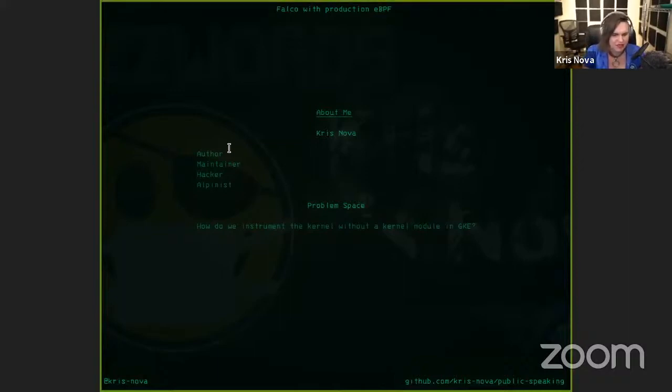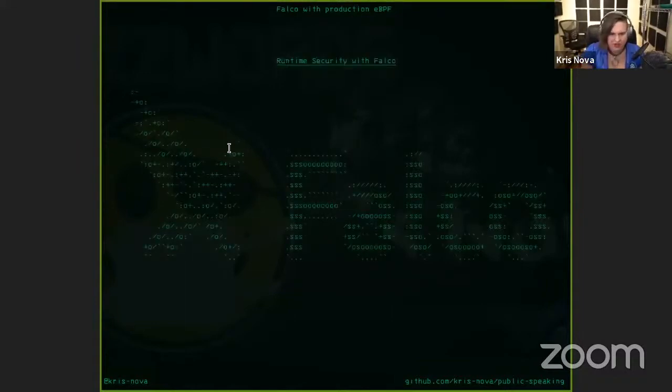For you to understand how we got here, we're going to talk a little bit about this tool called Falco, what it does, how it works, and how we got ourselves into this situation of trying to understand how we're going to run this program without a kernel module, and why we even need a kernel module in the first place. Okay, so here is my very high resolution logo of the Falco project.